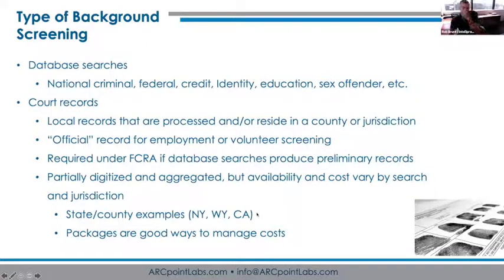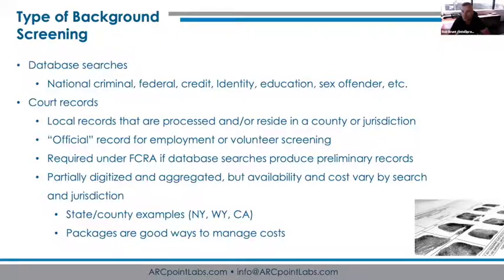This is what gets tough, because clients say, I want to do a comprehensive background check, but if this person has lived in 10 counties around the United States and only half of those counties are covered, what do we do? We're going to have to run a national and maybe something else, and then run 5 counties.